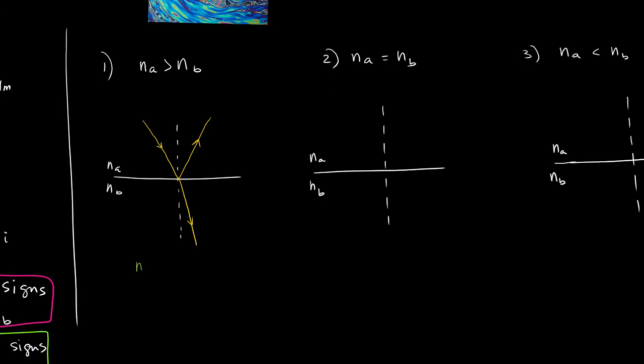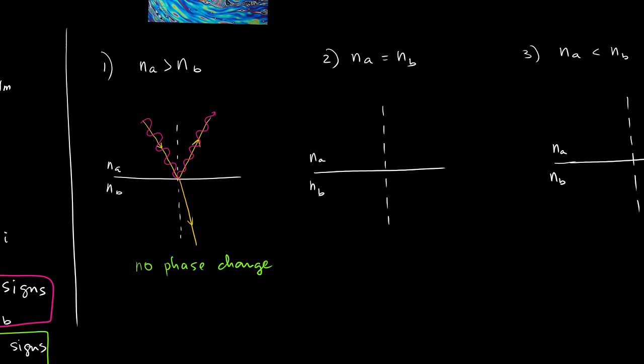The reflected ray has not undergone any phase change. If I attempt to draw this as a wave, here the sinusoidal wave comes in, and upon reflection they are in phase.